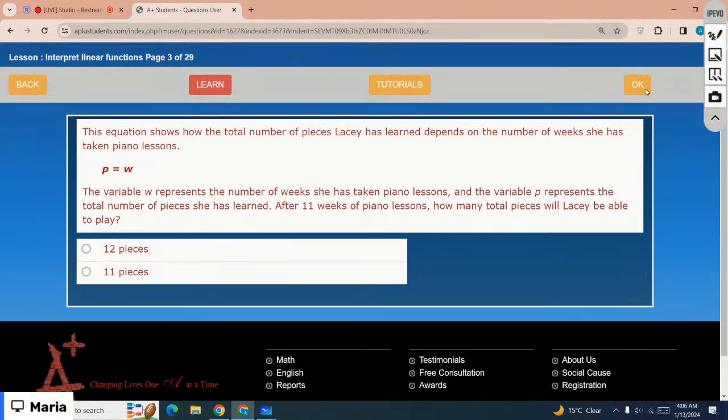P equals W. The variable W represents the number of weeks she has taken piano lessons, and the variable P represents the total number of pieces she has learned. After 11 weeks of piano lessons, how many total pieces will Lacey be able to play? So, which is the correct option?